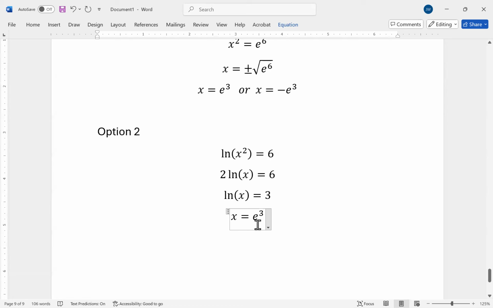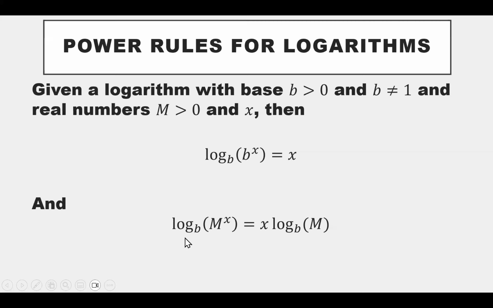There is a reason for that. My power rule works with positive base inside the argument of this logarithm. Let's go back and look at that. When we said log base b of m raised to a power could equal that power times log base b of m, we said that works as long as m is positive.